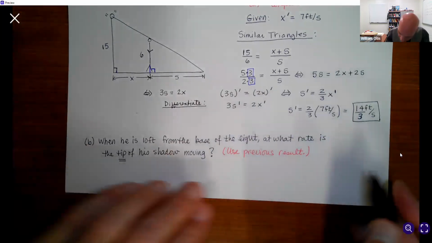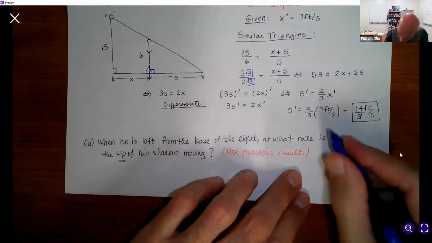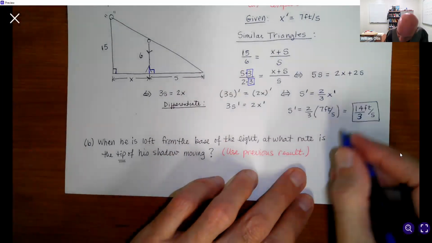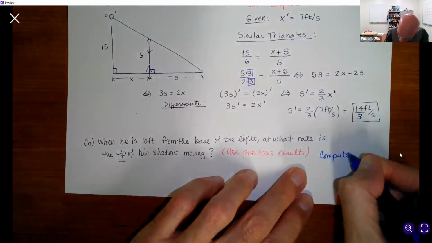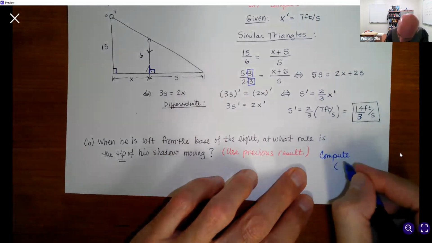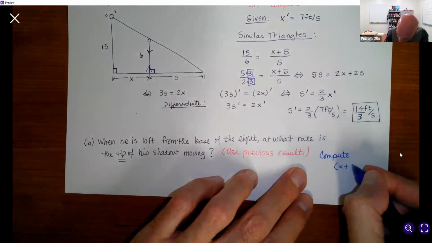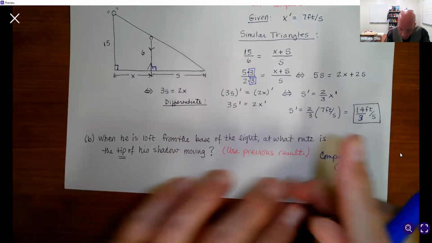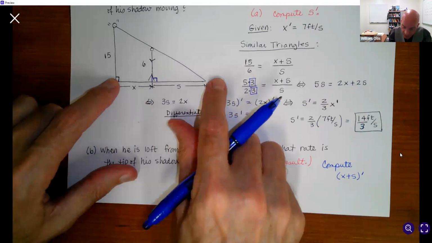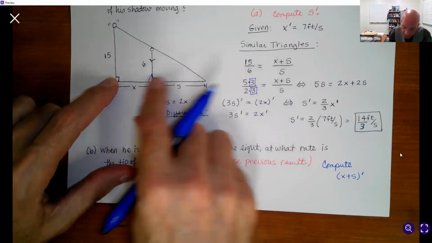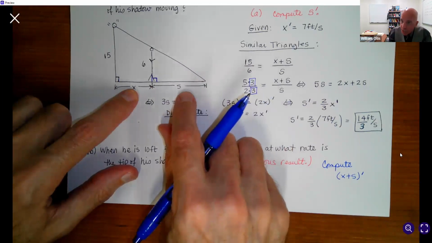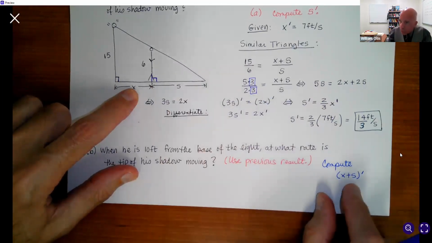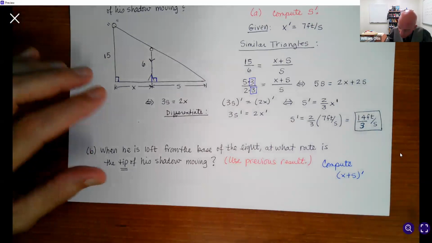So in this case, we want to, again, with all the same conditions, compute x plus s prime, because we want to see how this entire distance moves. As this tip changes, that is how the sum of x and s is changing. And so by linearity, we're covered. So that's what we need to compute.